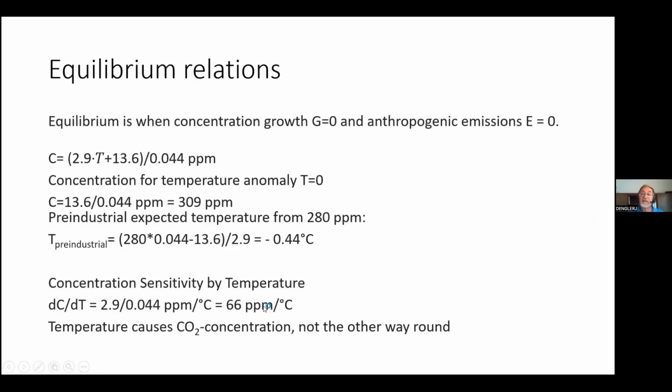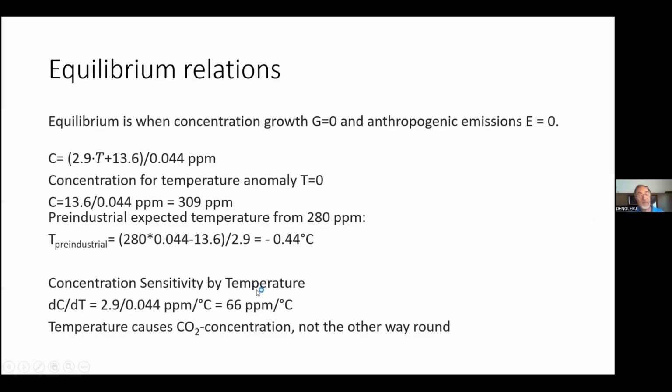Yeah. So you could say that possibly half of the concentration growth which we had in the industrial age could be accounted by temperature. Certainly the other half is accounted for by the anthropogenic emissions.